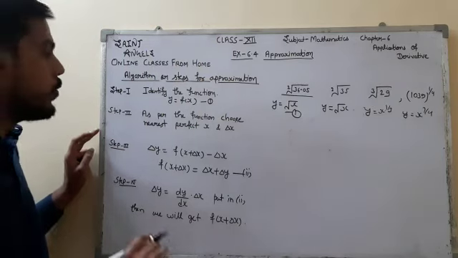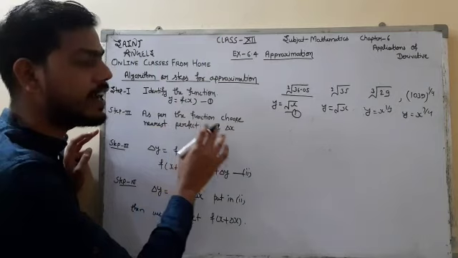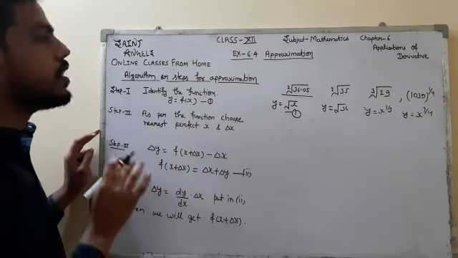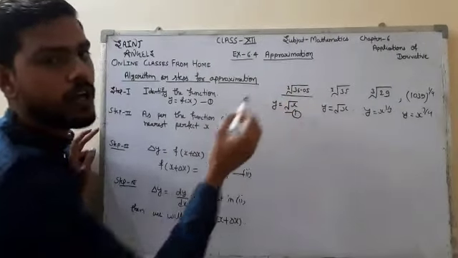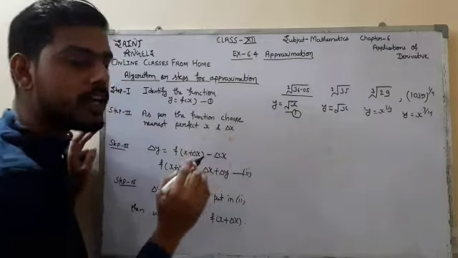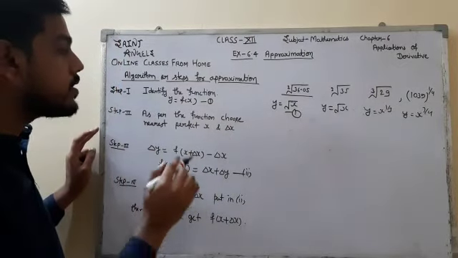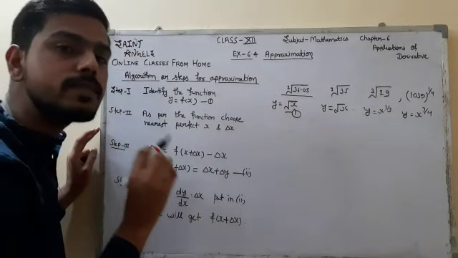Then the next step would be, as per the function, choose the nearest perfect x and delta x. What does it mean? Suppose I have to find the value of under root 36.05. So I will write it as y equals under root x. Now I have to find the perfect x. In this case, what is the nearest perfect number?